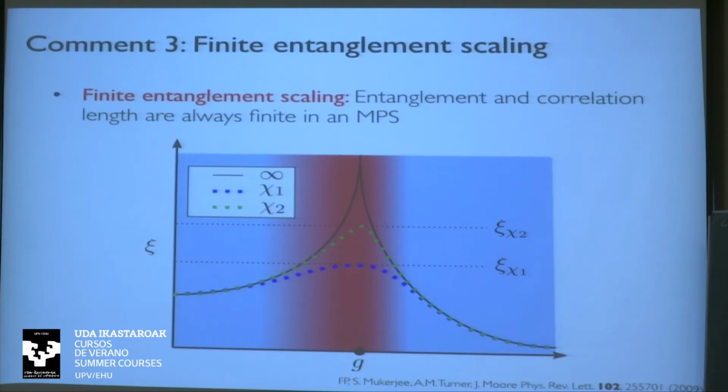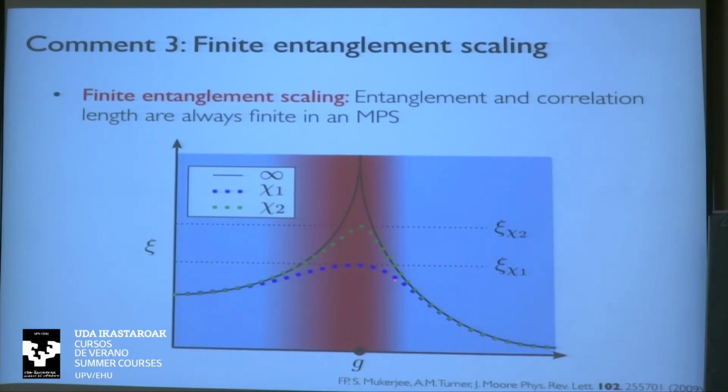What we will find is the following. If we stay far away from the critical point, we recover practically the exact state, because the truncation that we perform is very small, and we get exactly the correct correlation length. The same is true if we stay deep in the other phase.